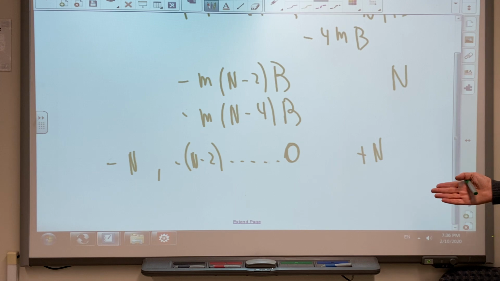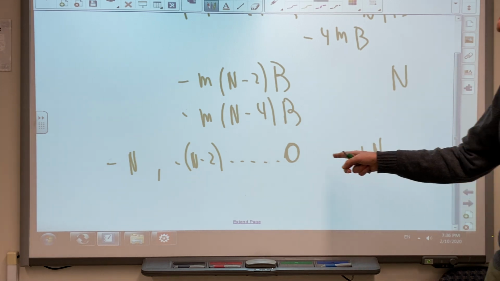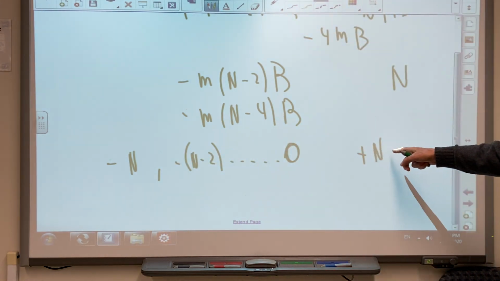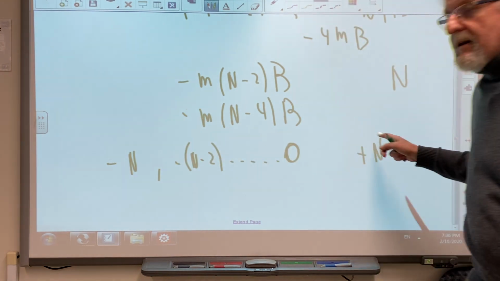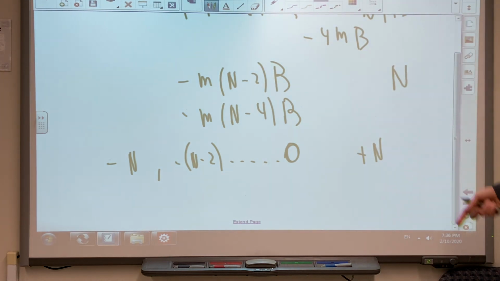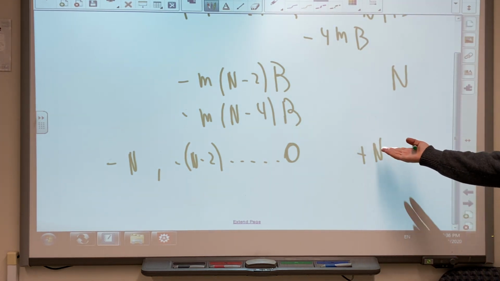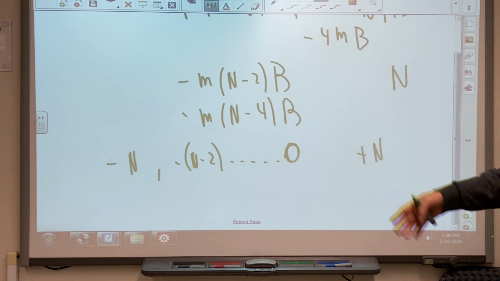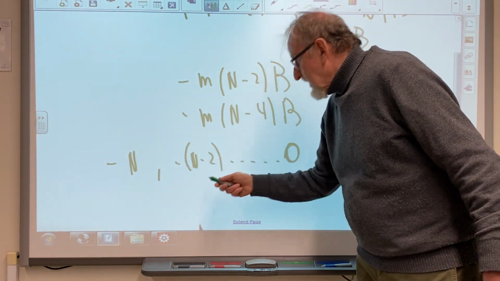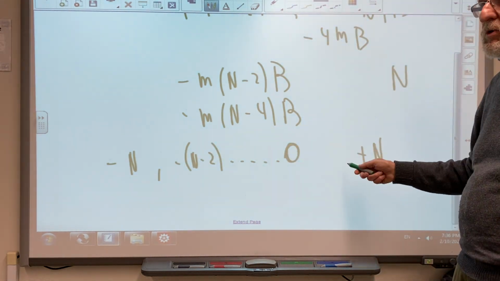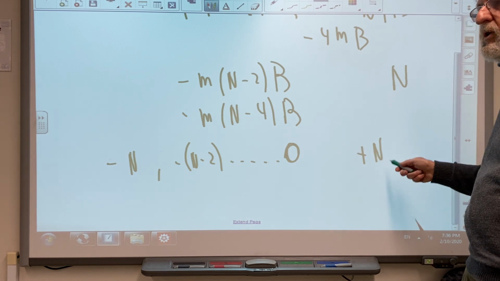Okay? So you see how many states do I have? Clearly you have n plus 1 states. If you go from minus n to n, but in steps of 2, you get n or n plus 1, depending if n is odd or even. But let's say n is 10, so you have minus 10, minus 8, minus 6, minus 4, minus 2, 0, 2, 4, 6, 8, 10.